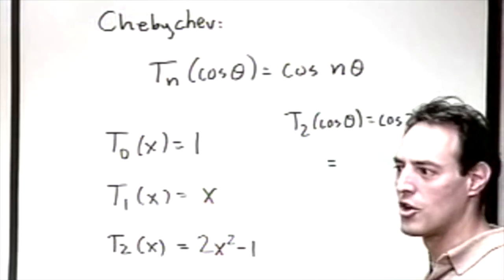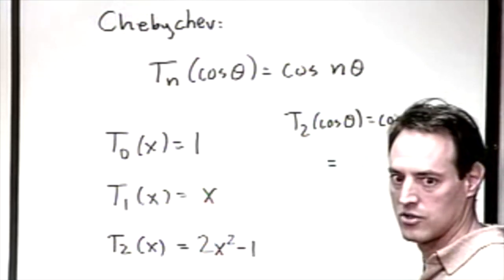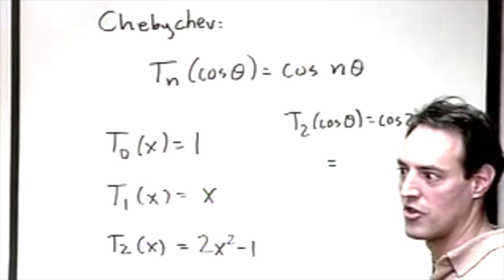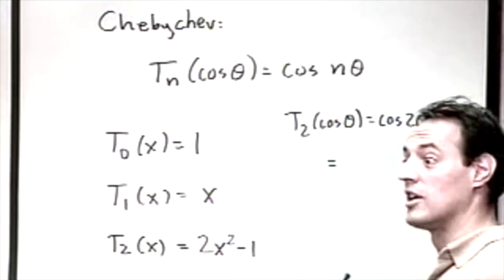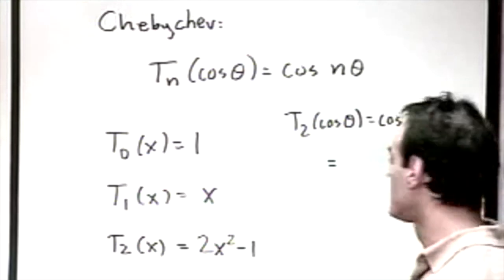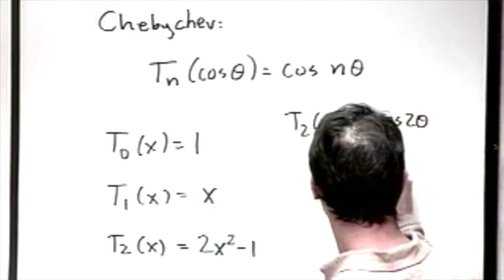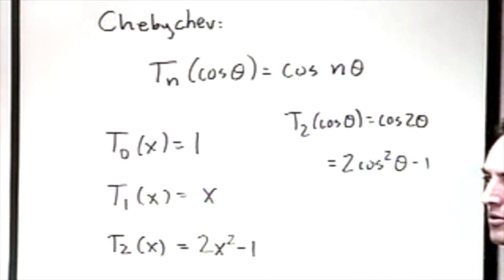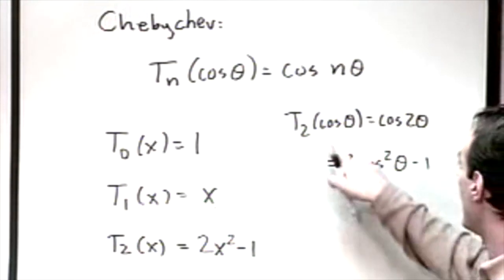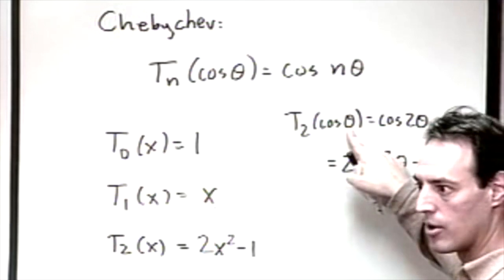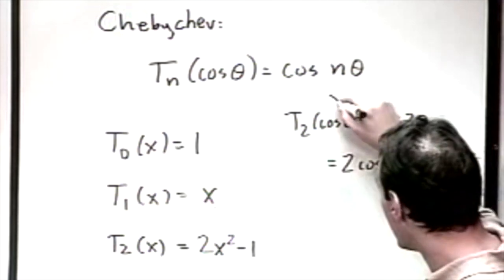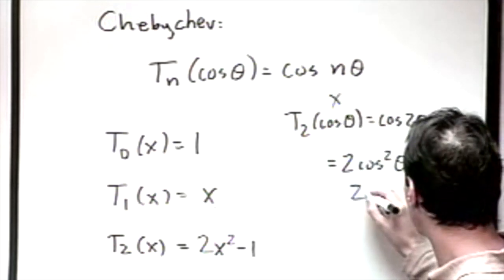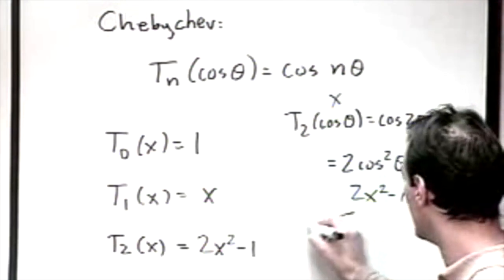It's cosine squared theta minus sine squared theta. But isn't sine squared theta 1 minus cosine squared theta? So this comes out to be 2 cosine squared theta minus 1, if you just use your trig rules. But now if we let cosine theta be x, what do we get? This becomes x, and this thing here becomes 2x squared minus 1. Oh, that's what I have.